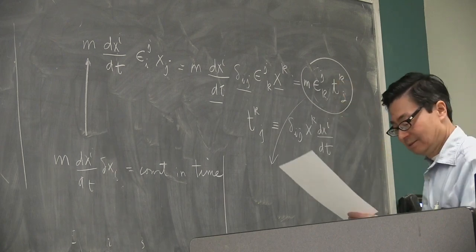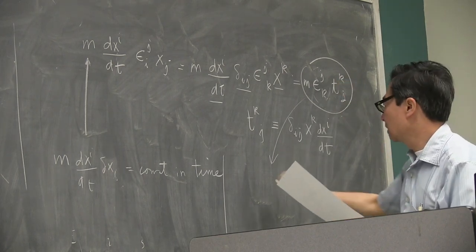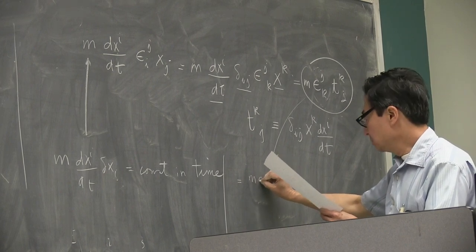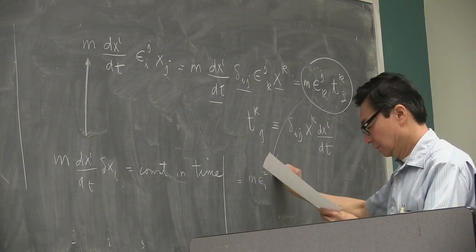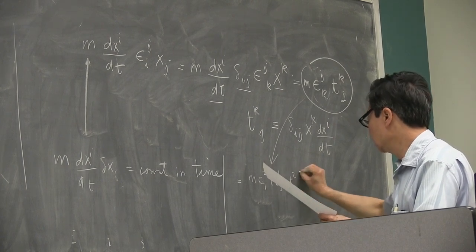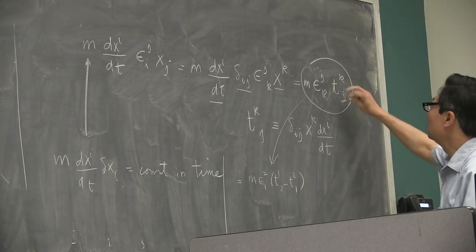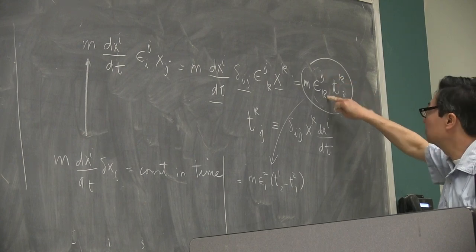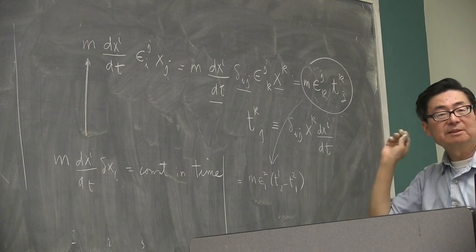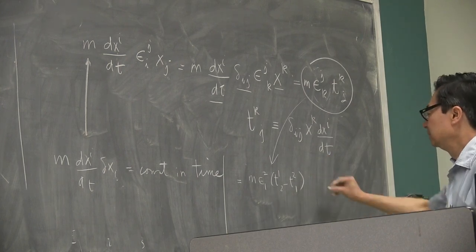So I can write this as m epsilon_12 (T_12 minus T_21). When you sum over, I can have 1,2, I can have 2,1, but one is the negative of the other, and I combine them like this, okay?